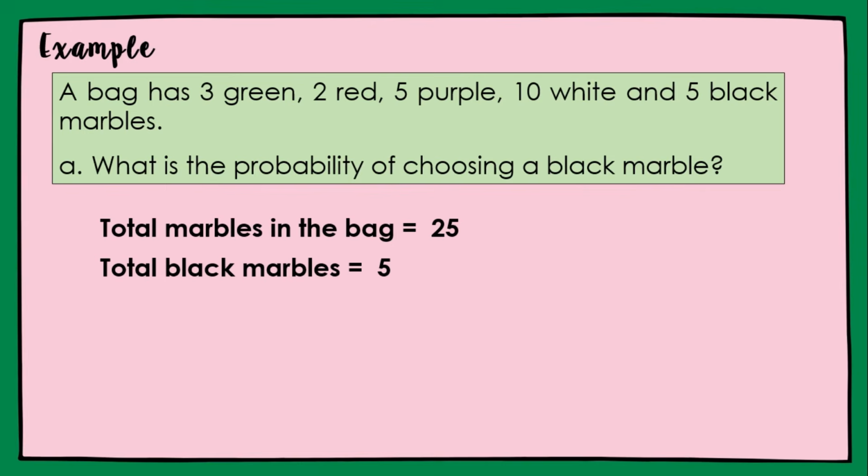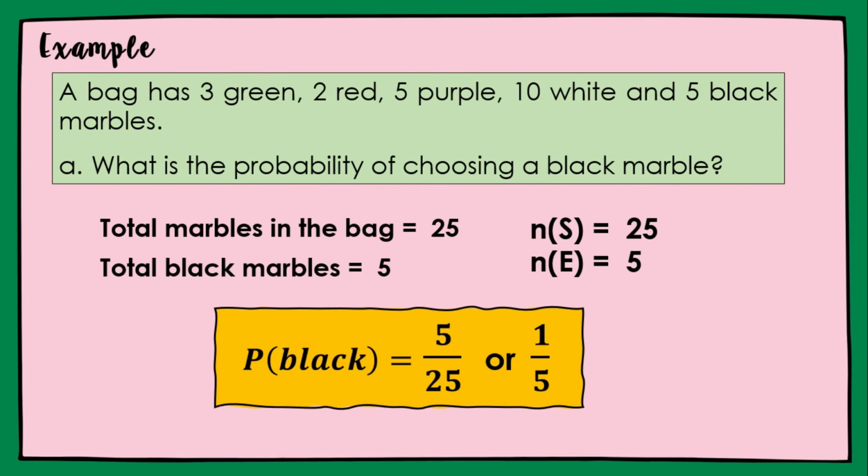Thus, N(S) is equal to 25, or the number of possible outcomes is 25, and N(E), or the number of favorable outcomes, is 5. Thus, the probability of choosing a black marble is equal to 5 over 25 or 1/5.